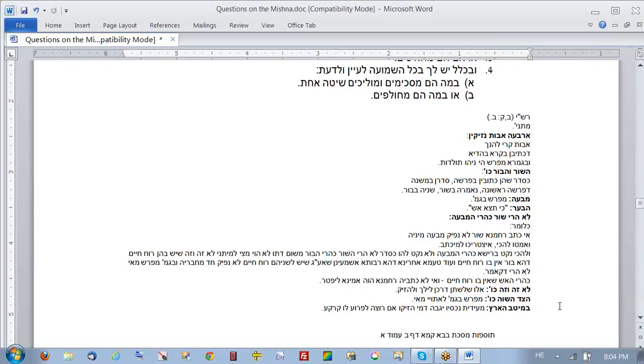When two things tell me the exact same thing, in other words, I could learn one from the other, the second one's extraneous, it puts a stop on the generative rule. So the Mishnah has to tell us here that if I had one, I could not learn the other one.